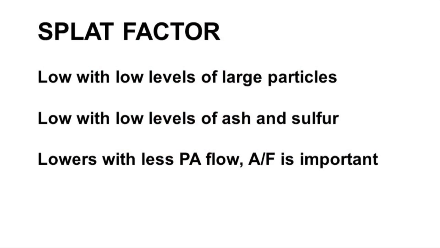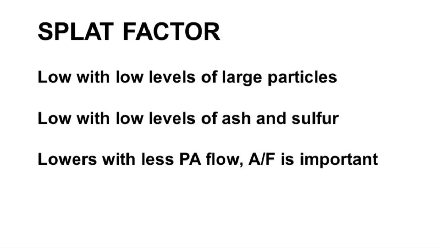So just to emphasize, how do you lower the splat factor? You could start by trying to lower the particle size or getting a better fineness from the pulverizer. Having high calorific coals or coals with lower sulfur and lower ash levels will help.